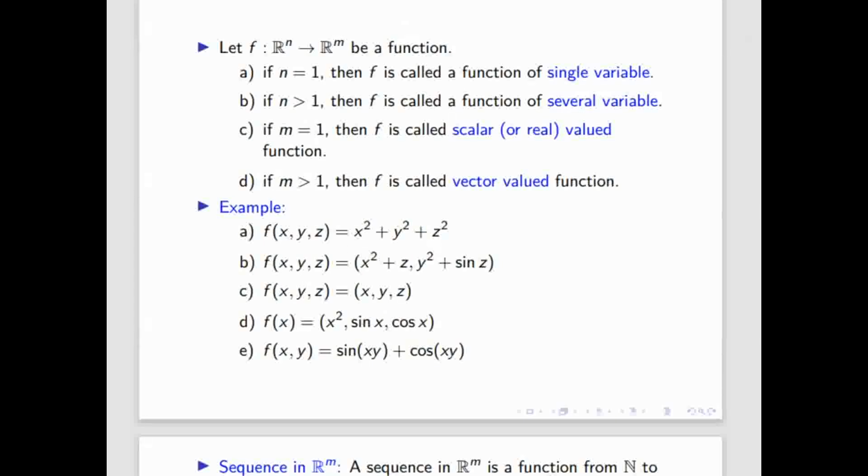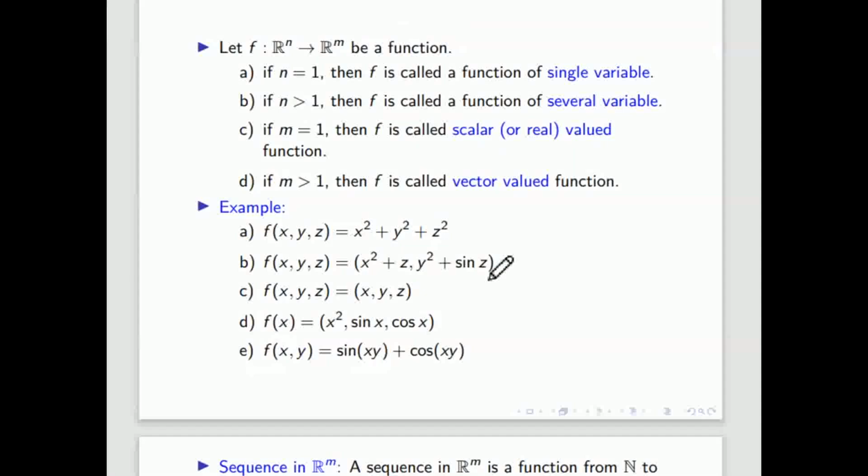Several variable and scalar valued. If the domain has more than one variable, then you can clearly say, with 3 variables, it is several variable, not single variable. So here only a single variable is there, so this is a function of a single variable. On the right hand side it would take only one value, but here it is taking vectors like x square plus z i cap plus y square plus sin z j cap.